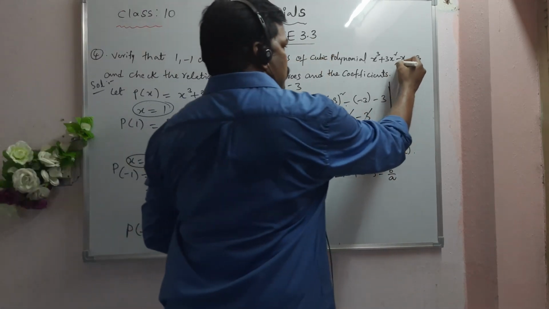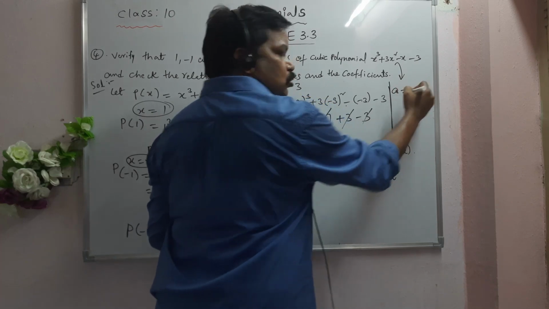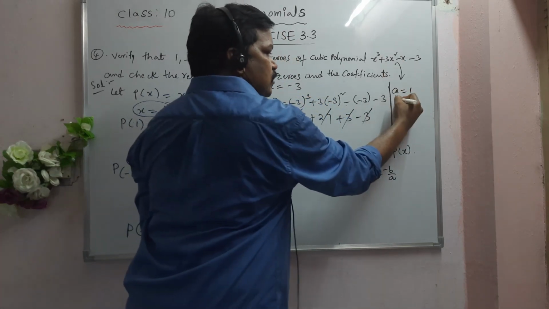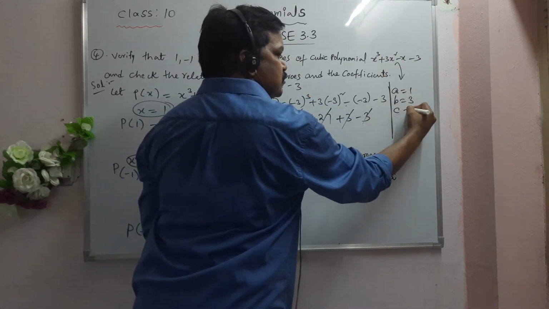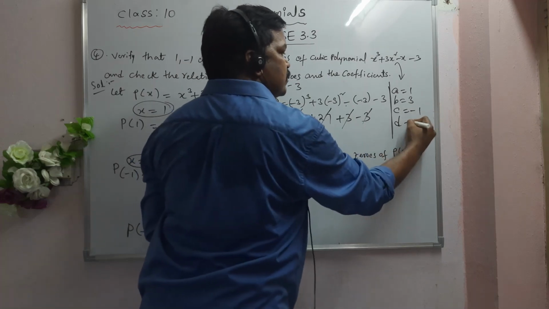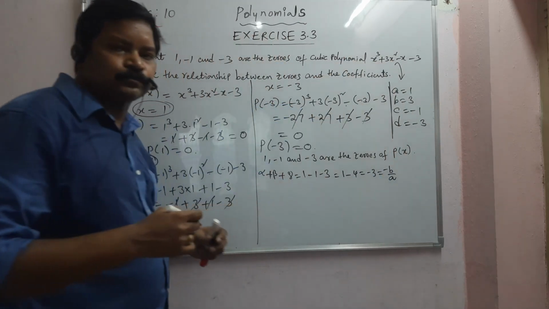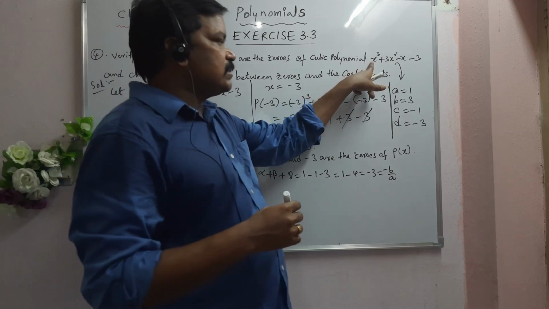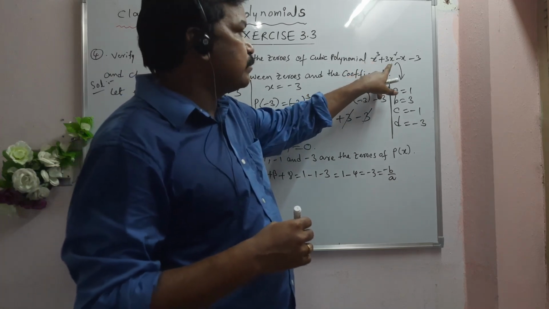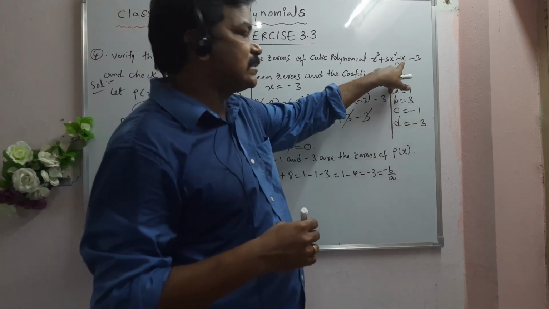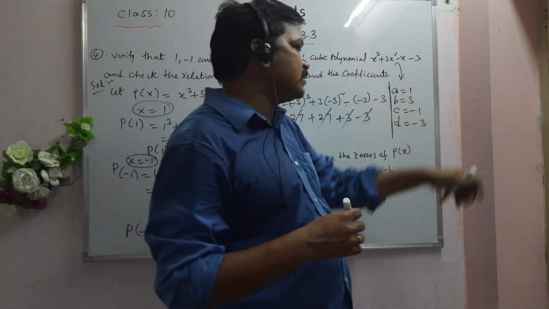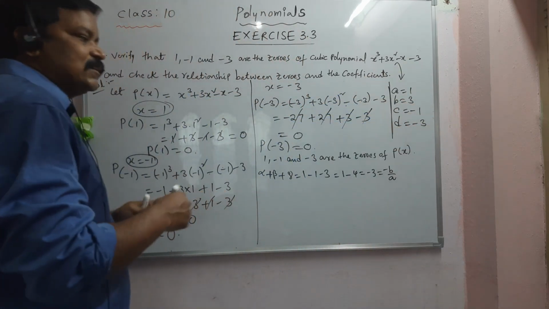What is a and what is b and what is c here? From this cubic polynomial, a is equal to 1, b is equal to 3, c is equal to -1 and d is equal to -3. A is x cube coefficient, b is x square coefficient, c is x coefficient and d is the constant, that is -3.